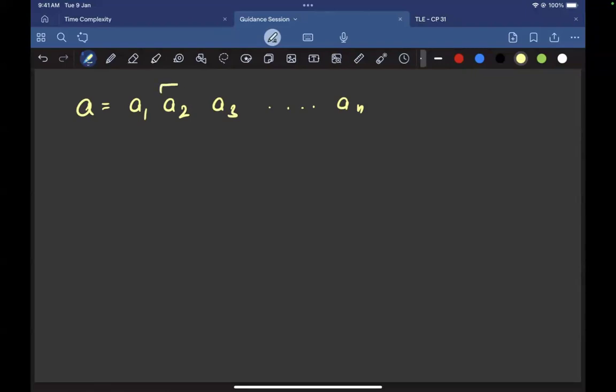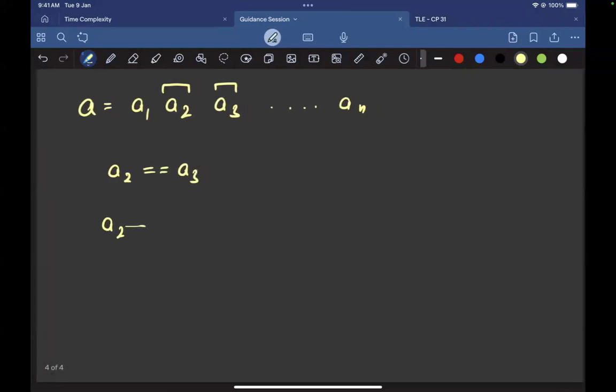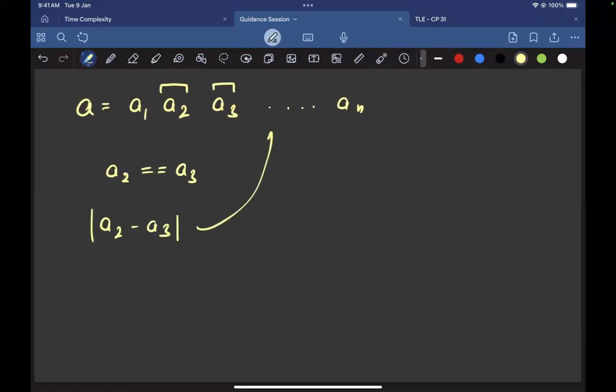So if I pick up A2 and A3, on condition that they are equal, I pick them up and insert the difference A2 minus A3 back in the array. I keep on doing this, and the size reduces. Let's find the final size.